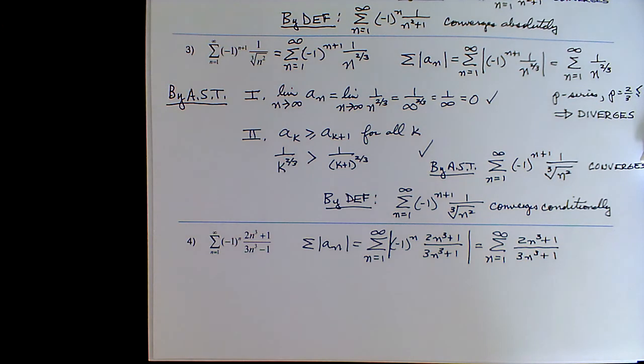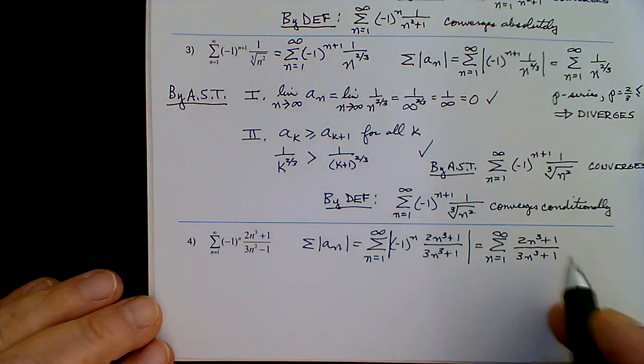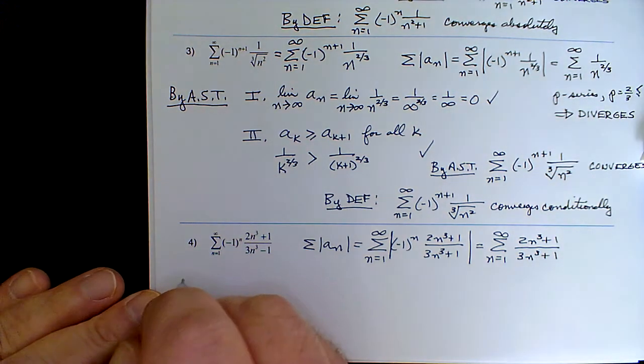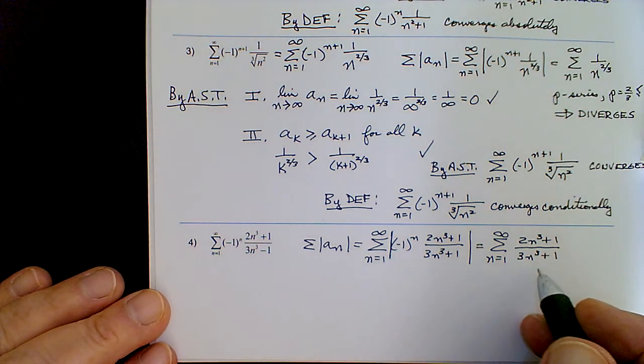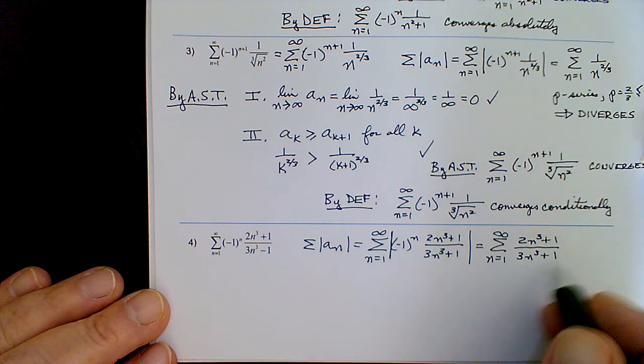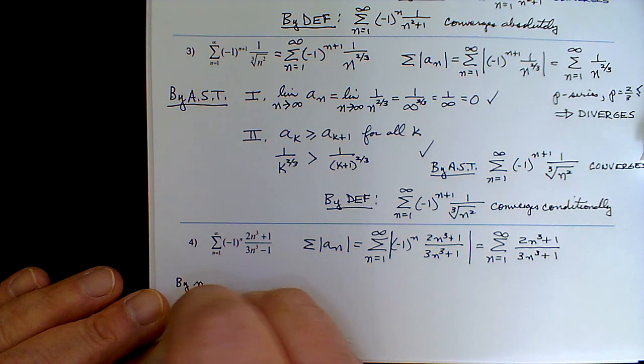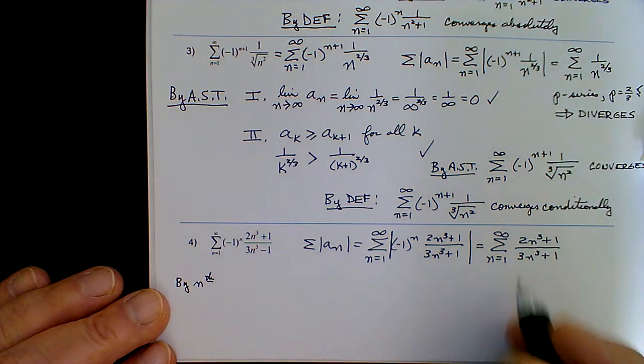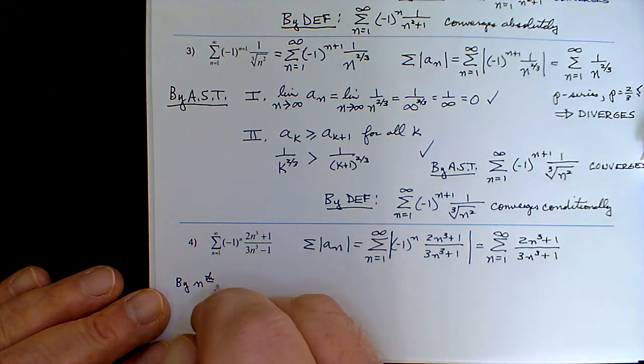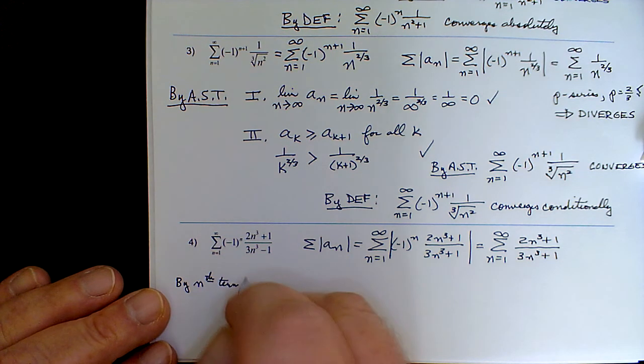Okay, so now we have to decide, kind of like the second example, what type of test do we use? Well, you have to just choose a test to use. And with this one, don't ever forget about the first test we've ever used. Whenever you see a ratio of two polynomials like this, you might want to try the nth term test.